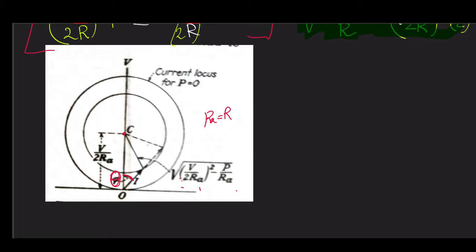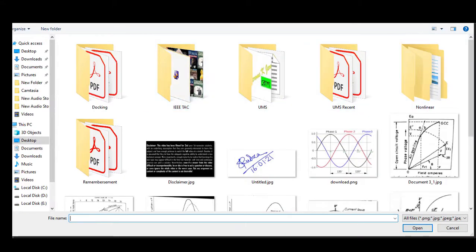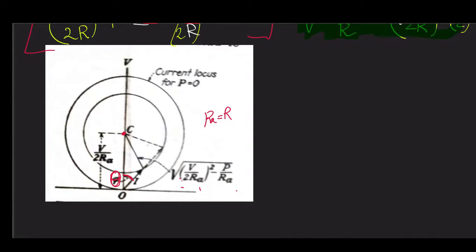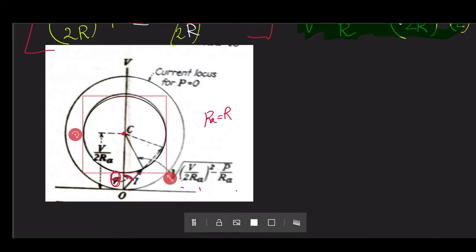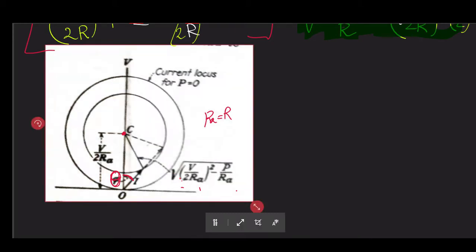Let us be very clear about this circle that is centered at C. This circle which is centered at C is like that.